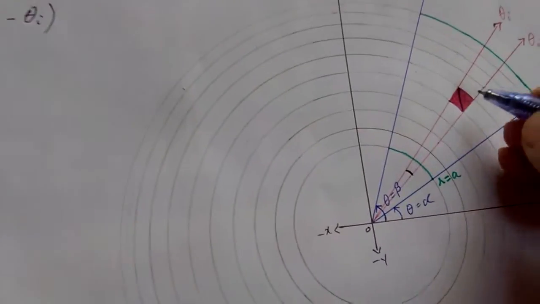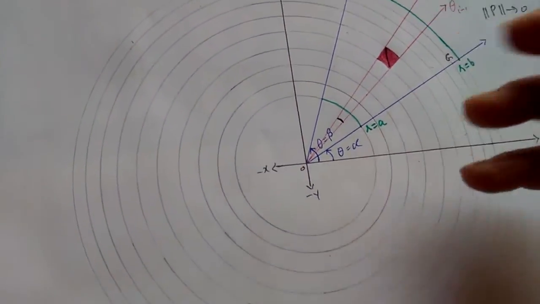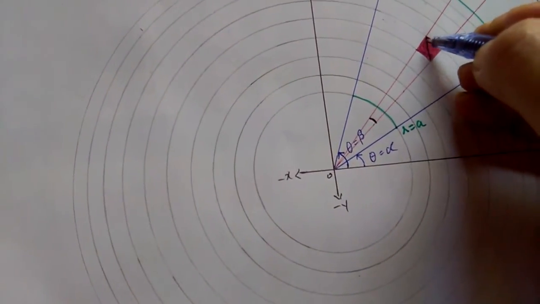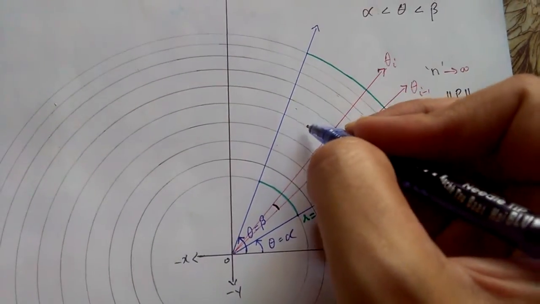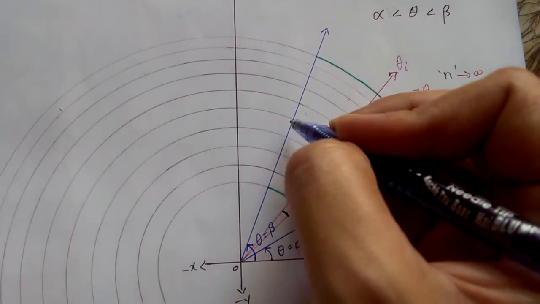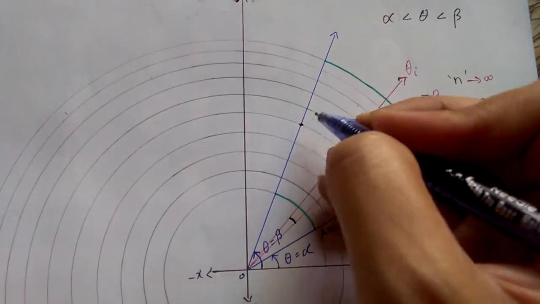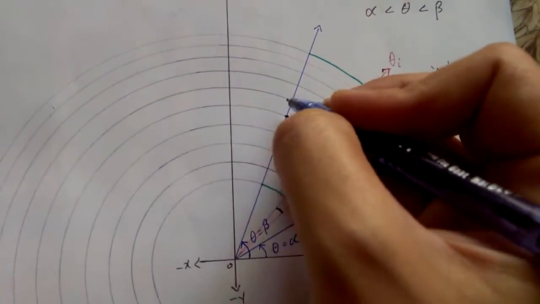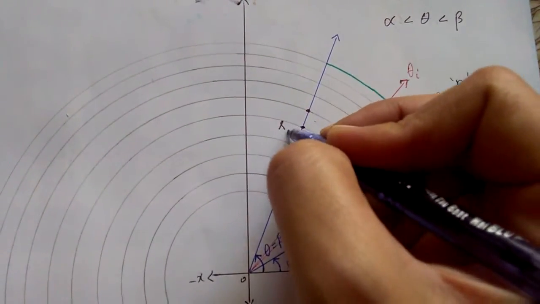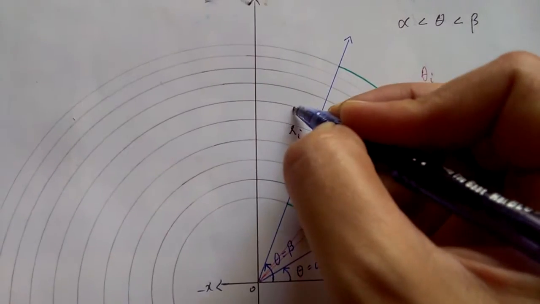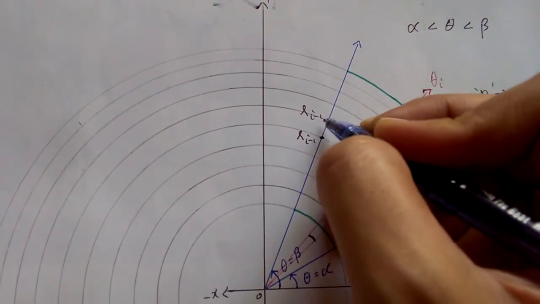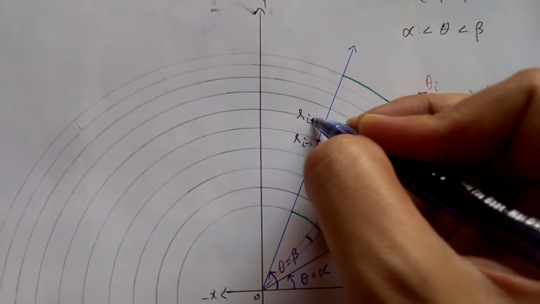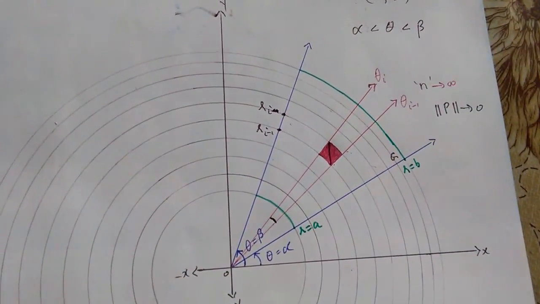As far as the radius of this strip is concerned, this red portion is lying between these two circles. I call this circle having radius R i minus 1, and this one is R i. Sorry for that.